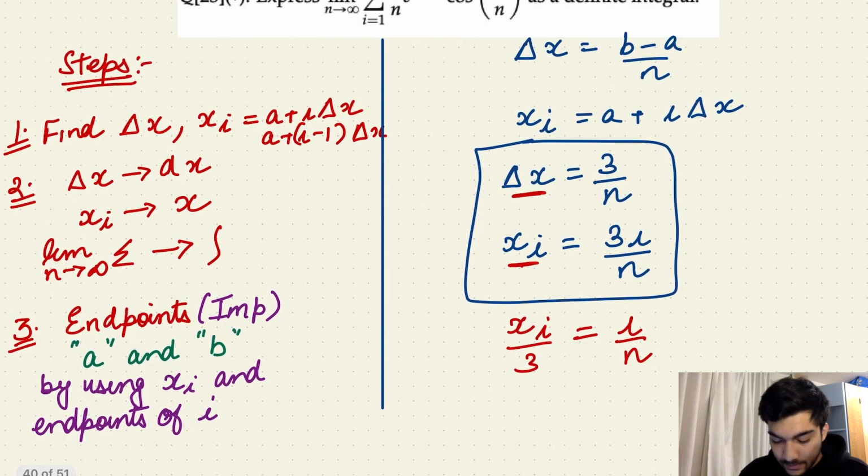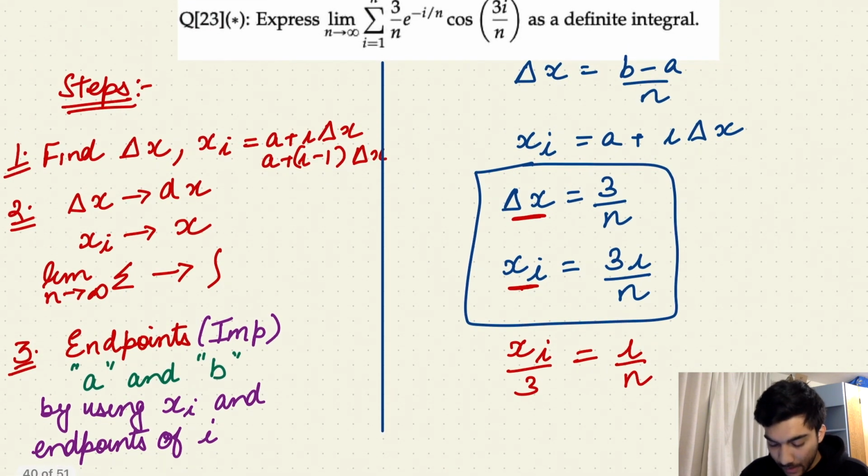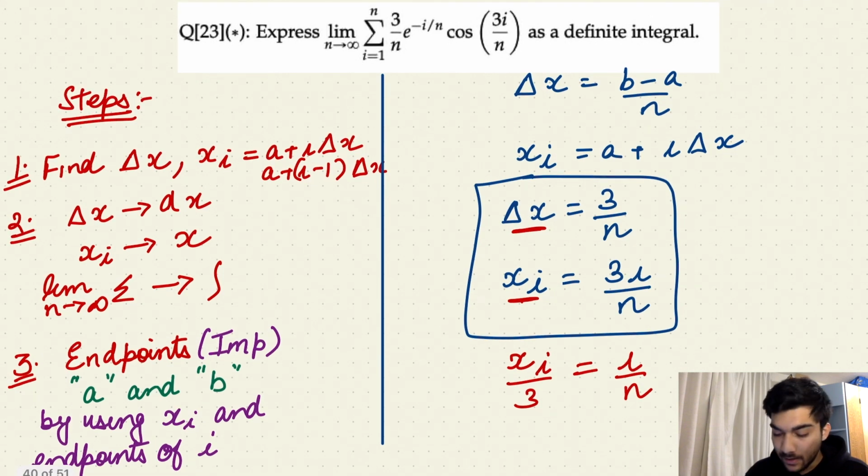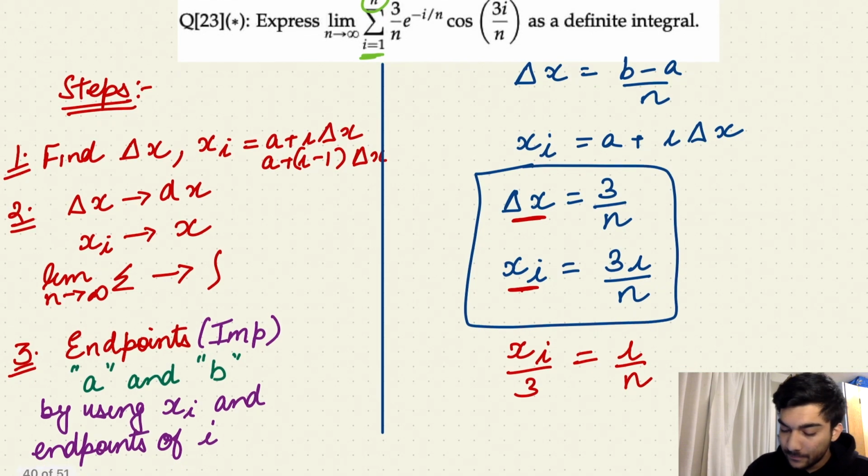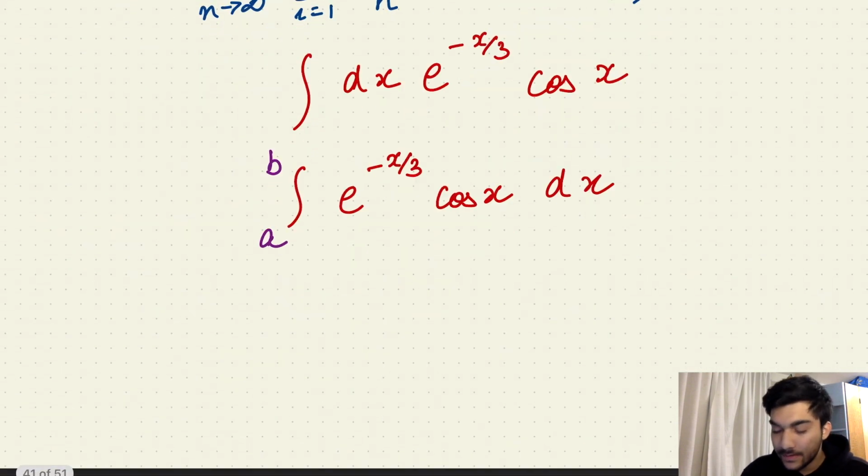So as I said, in order to calculate the endpoints a and b, we'll use xi and we'll use the endpoints of i. In this case, my endpoints for i are i equals 1 and i equals n. And my xi in this case is 3i by n.